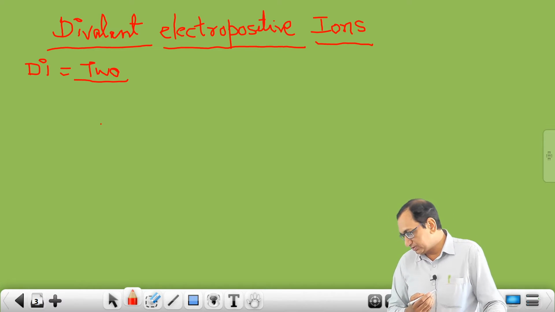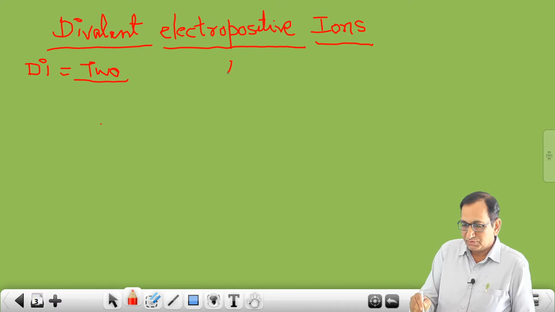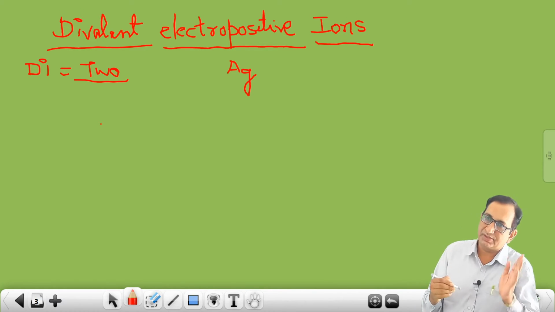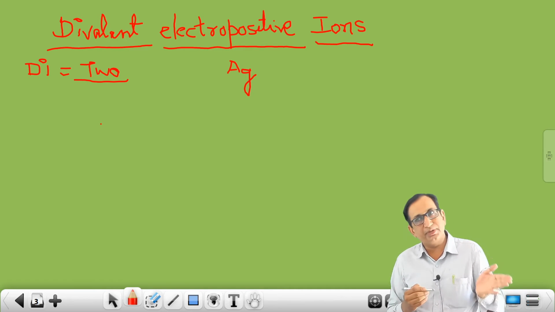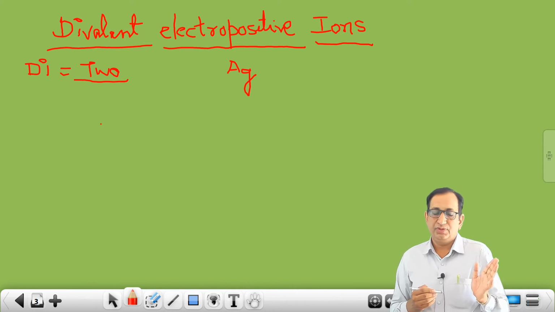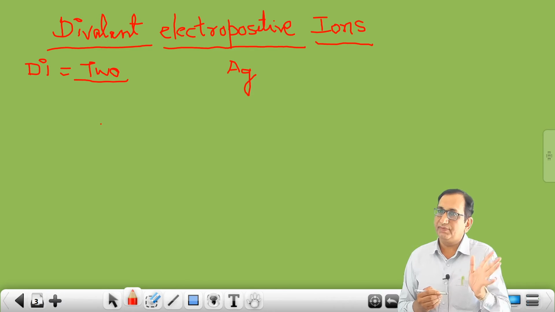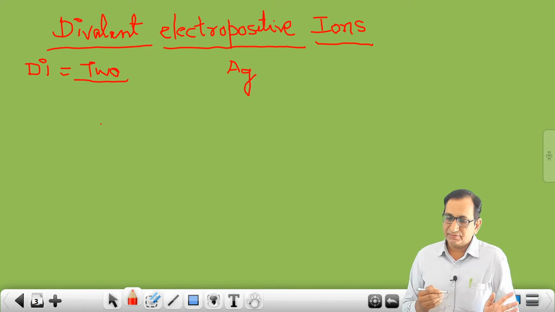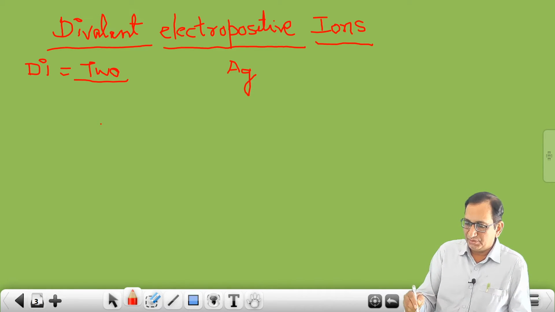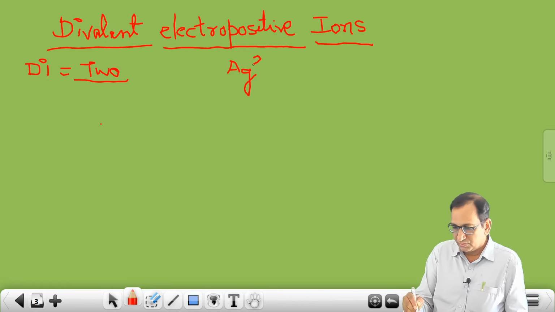So we start with the next, silver. I told you that silver has got variations in valency. Silver has got plus 1 also and plus 2 also. Here Ag plus we have already done, and now this is plus 2 charge, so you have to write 2 plus.